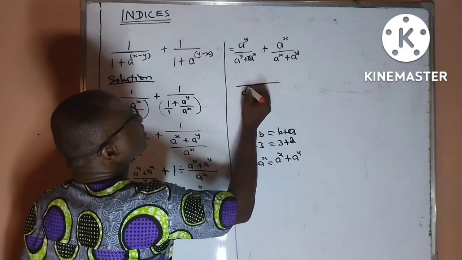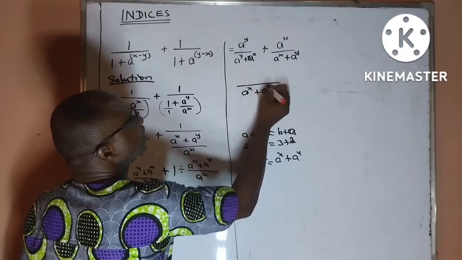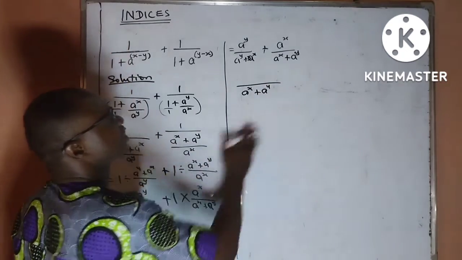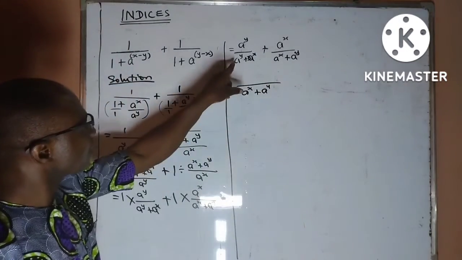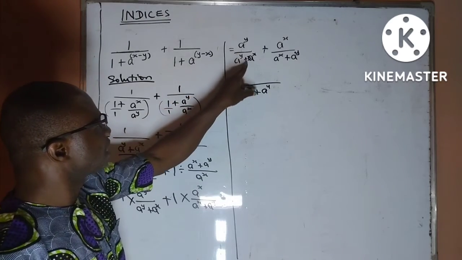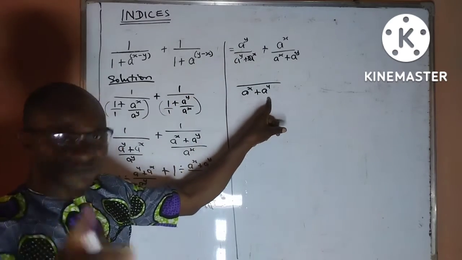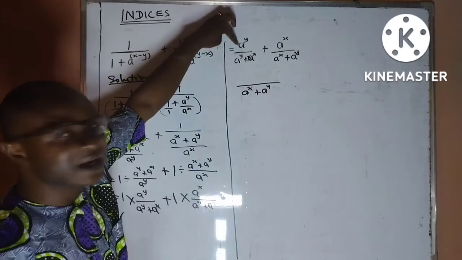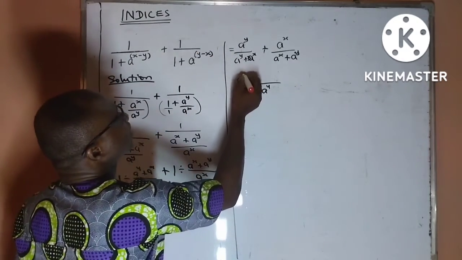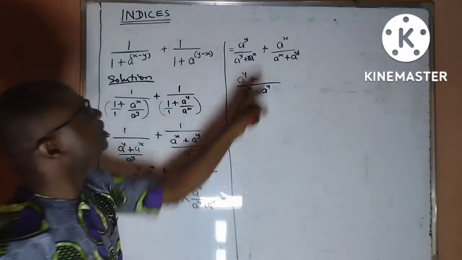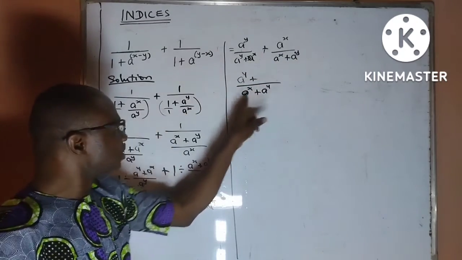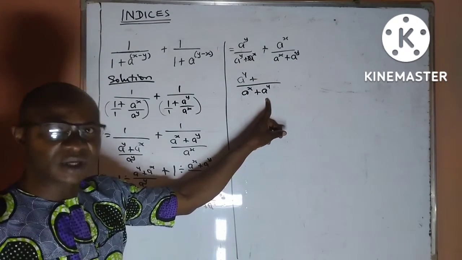The LCM is a raised to the power x plus a raised to the power y. So that is my LCM now. Using that, it means that a raised to the power y plus a raised to the power x will divide to give me 1. And when I use it to multiply a raised to the power y, I will get a raised to the power y. Then, if I use this also to divide the LCM, I will get 1.